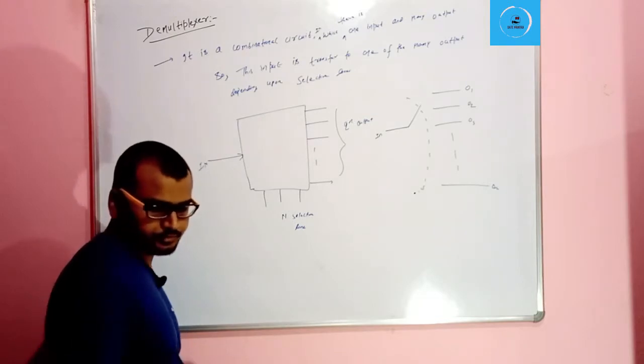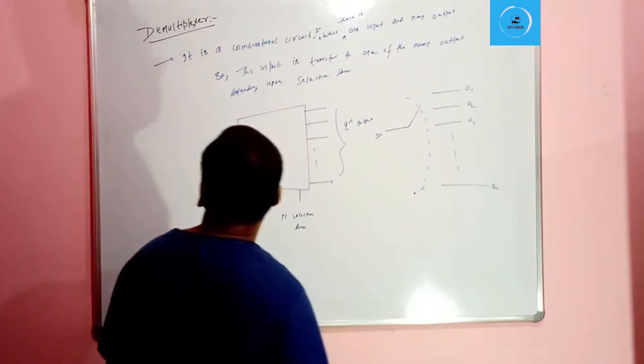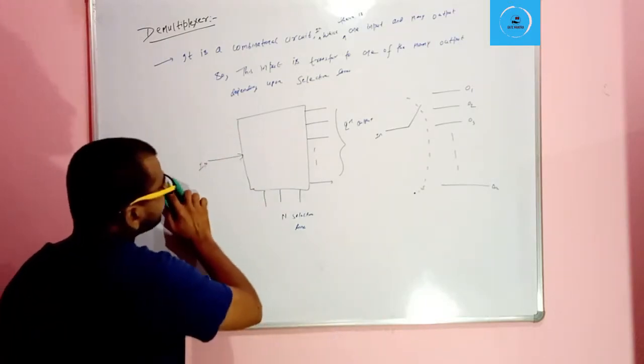Okay, then let's go for the 1:2 demultiplexer.